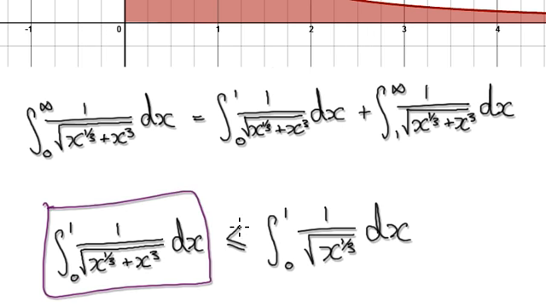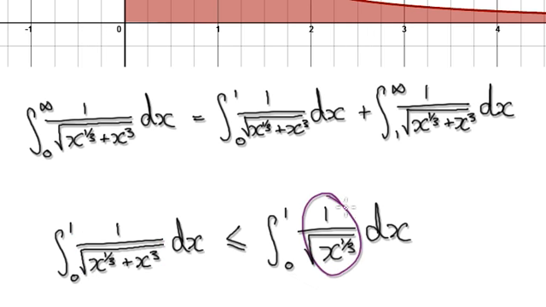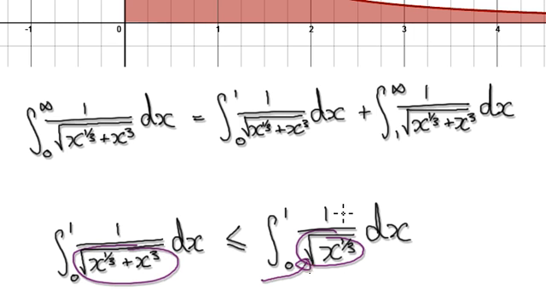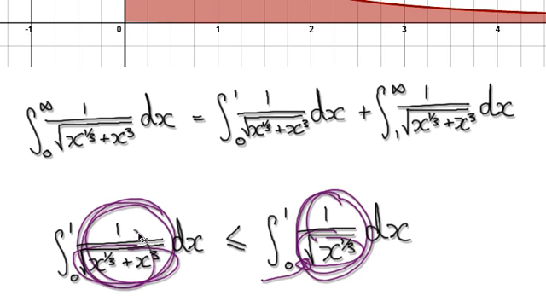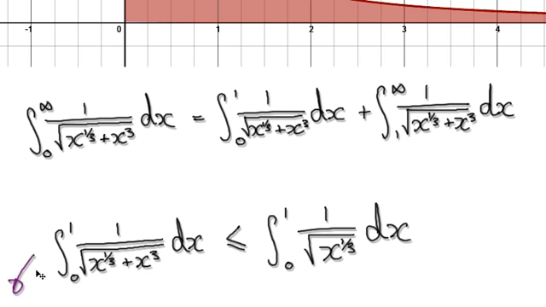To answer this, compare this thing to this, because if you look at the denominator and make it smaller by omitting this, then the denominator here will be smaller than the denominator here. If the denominator is smaller, then the overall thing will be bigger. Maybe you can press pause and think about it.